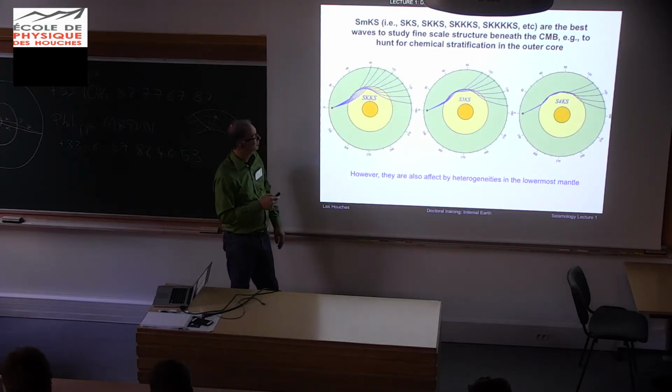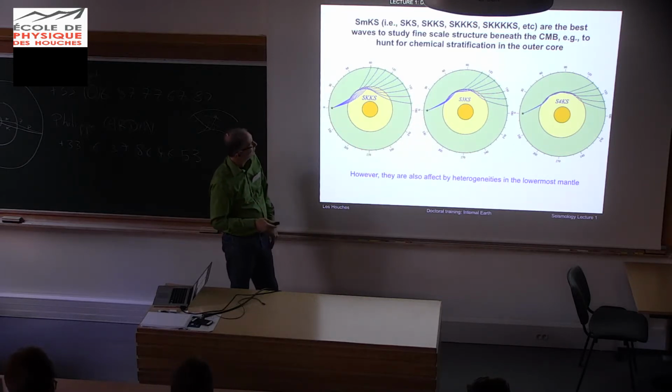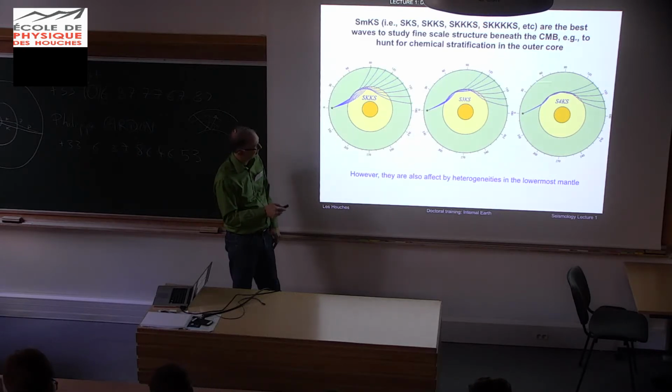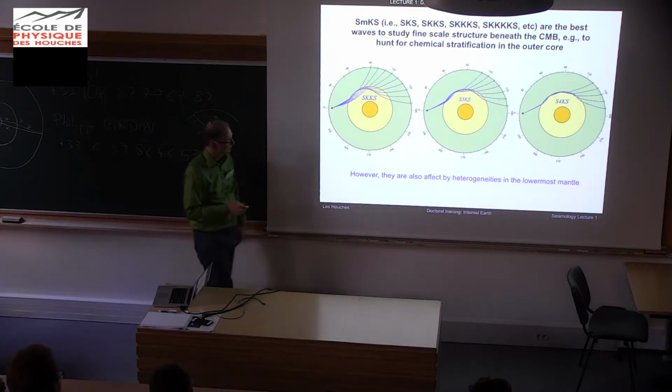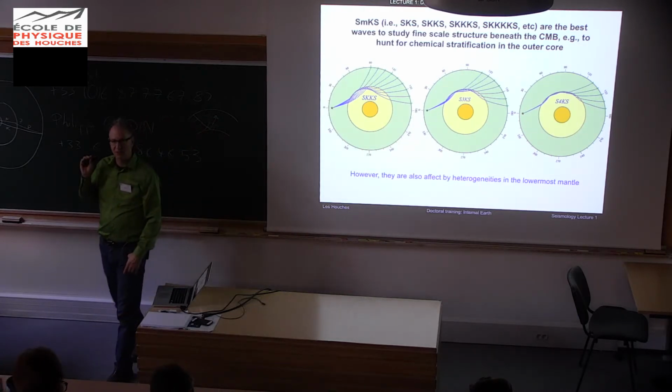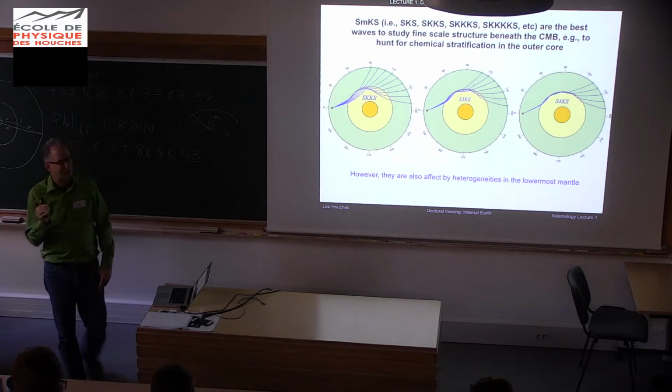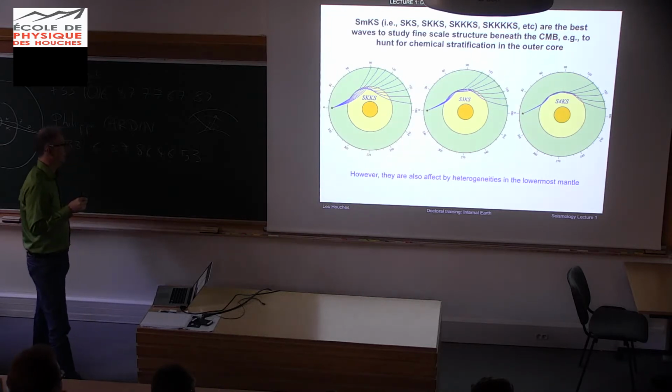And so this group of waves, SKKS, SKKKS, SKKKKS, and there's even 5K. These guys bounce under there, and they're studied in a differential sense. This guy compared to that one compared to that one. And these are the best things for studying right beneath Earth's core mantle boundary.